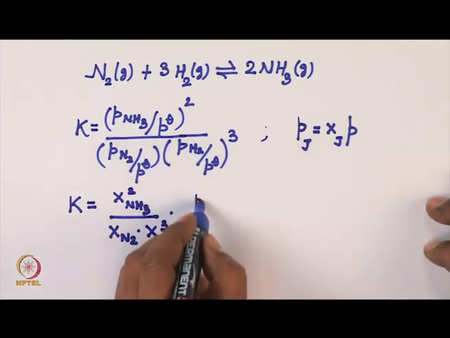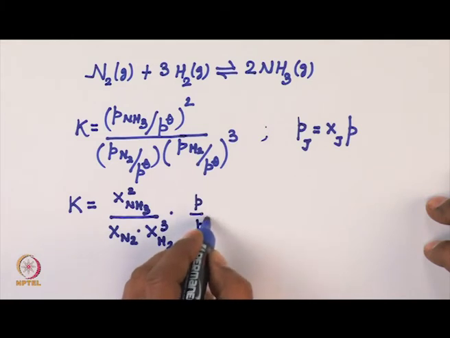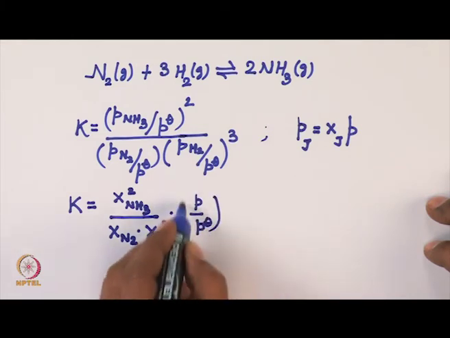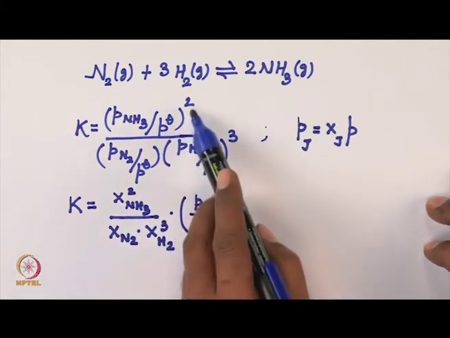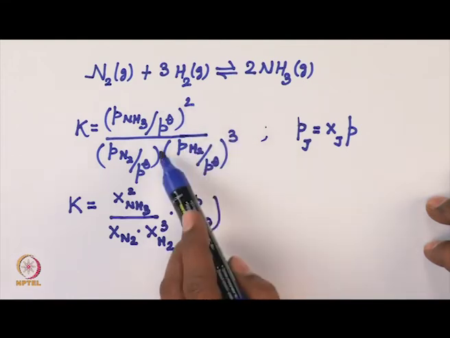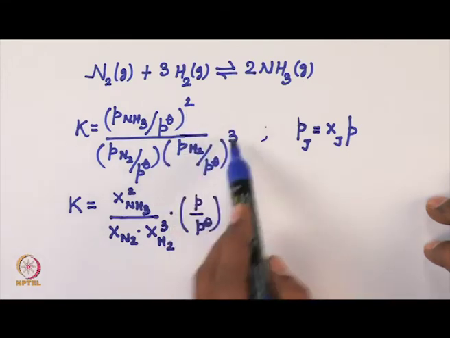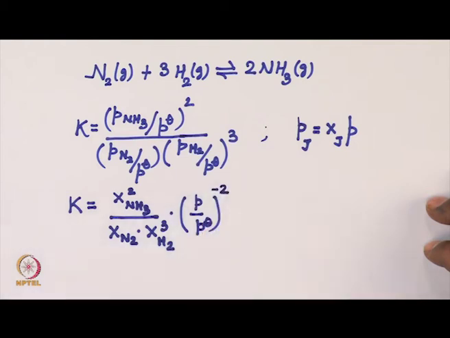So, it will be P by P naught raised to the power 2 minus 1 minus 3, that is 2 minus 4 is minus 2.